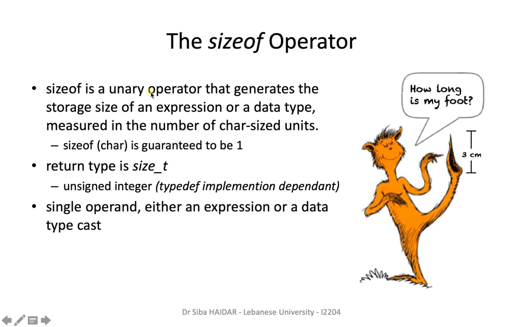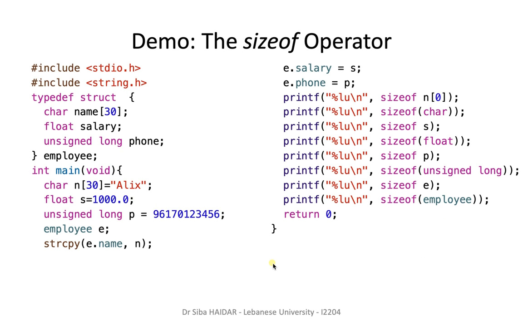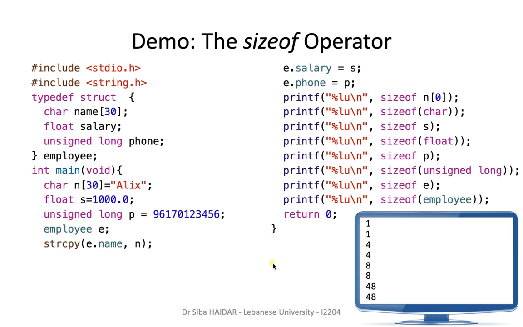This is a unary operator. It means it takes only one operand, and it can take either an expression or a data type cast. A data type cast is enclosed in parentheses. So let us run this demo. If we run this demo on my machine, I will get these answers. For the first two, those are variables and char types.